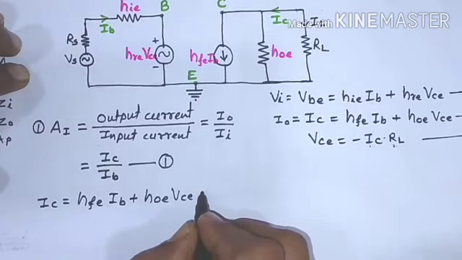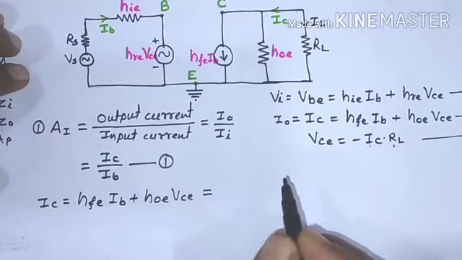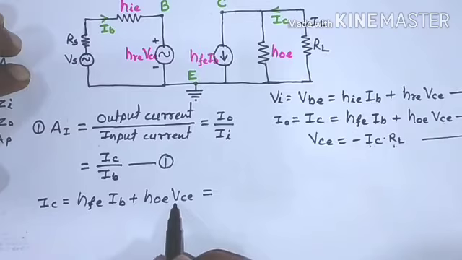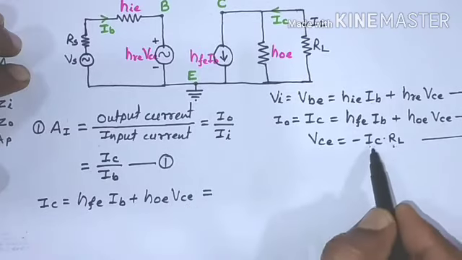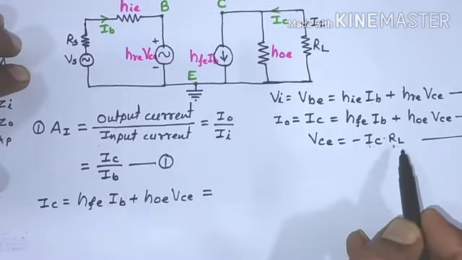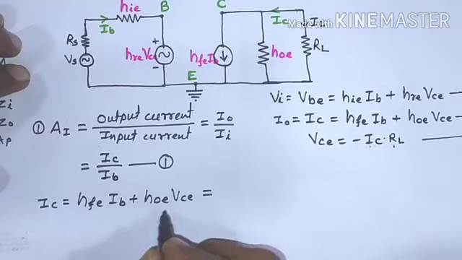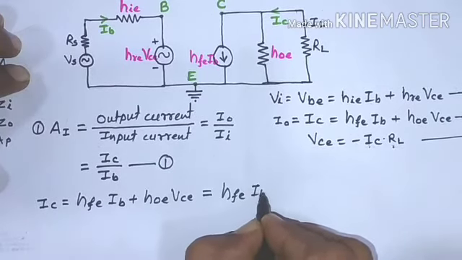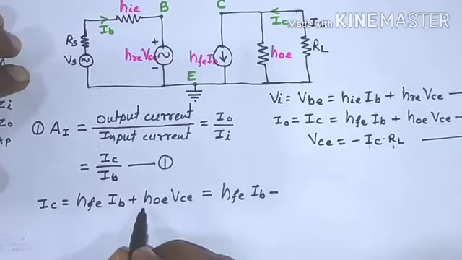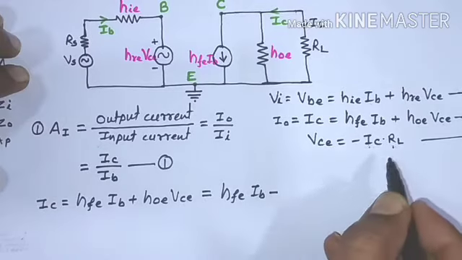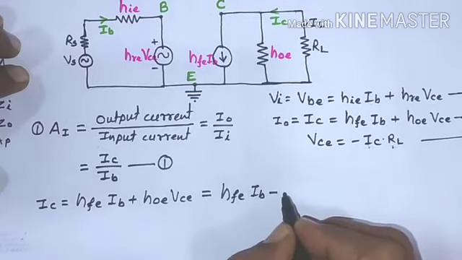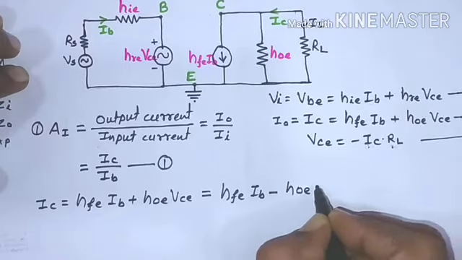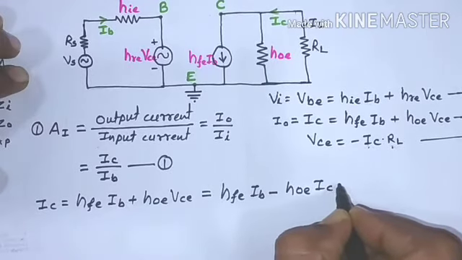Now we have to use the value of VCE from the earlier equation as minus IC into RL. So the same equation we can write as HFE into IB, and taking the value of VCE as minus IC RL, it will be minus HOE into IC into RL.